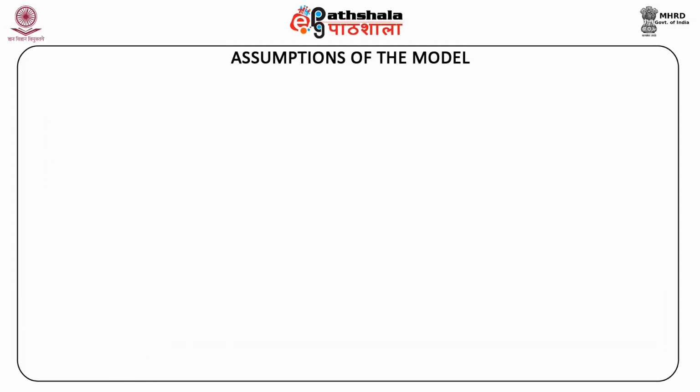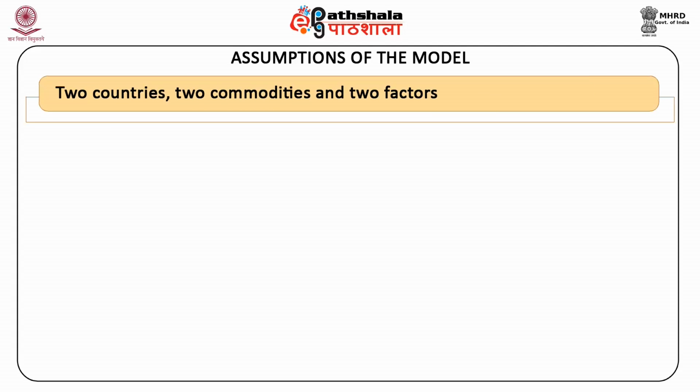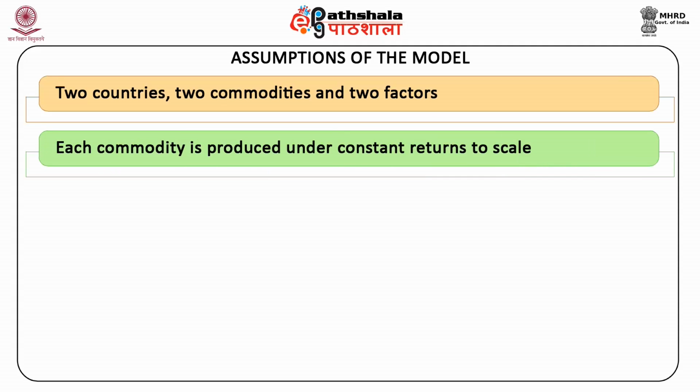Before proceeding to a detailed analysis of the Heckscher-Ohlin (HO) theorem, we need to first understand a number of assumptions on which it is based. It is based on the following 10 assumptions. 1. Two countries, two commodities and two factors. 2. Each commodity is produced under constant returns to scale. 3.